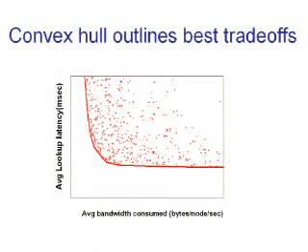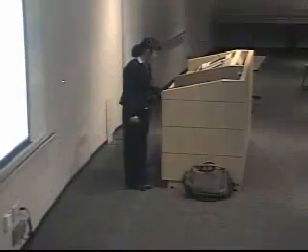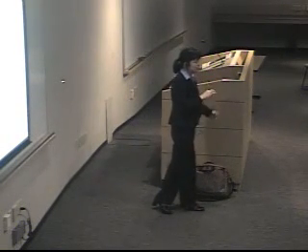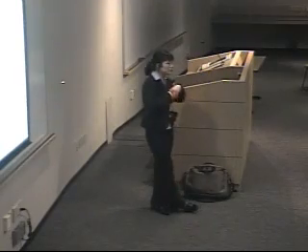So we really have a scatter plot of all these parameter combinations. If we look at all these points, the points towards the lower left are the better points because they give you lower bandwidth consumption and lower lookup latency.